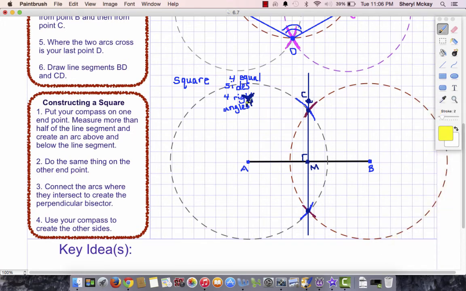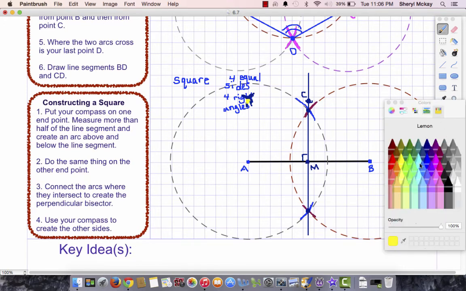And they really should be intersecting right about there, okay? And then I'll want to use my straight edge and draw my line from, let me give this point a name. We'll say that this is point D, okay?